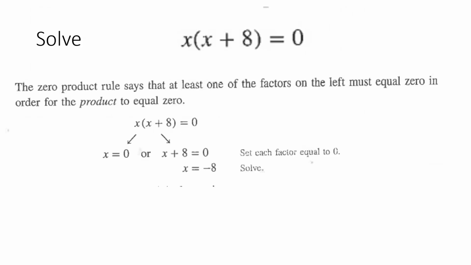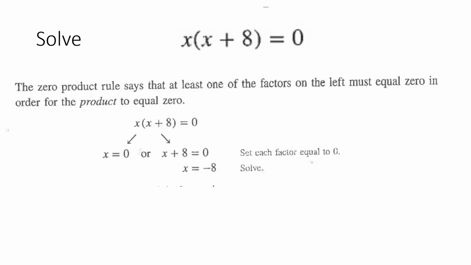The first example that we're going to solve is not in standard form, but I'm asking you to solve the equation x times (x plus 8) is equal to 0. The zero product rule says that at least one of the factors, either x or x plus 8 on the left-hand side of the equation, must equal 0 in order for the product to be 0.